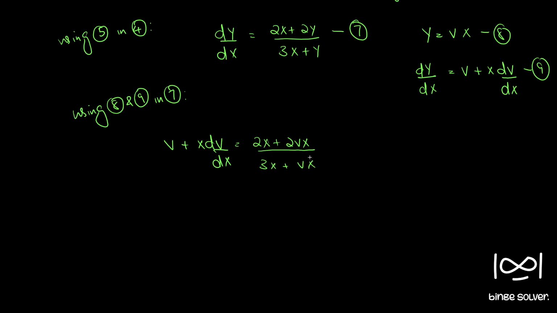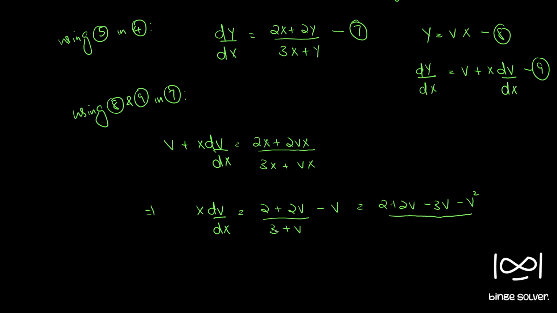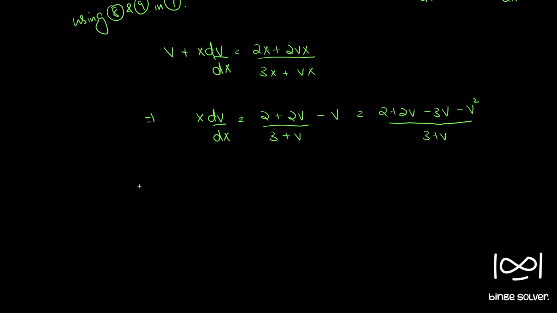Now cancelling X from numerator and denominator and bringing v to the right side, we have X dv by dX is equal to (2 + 2v) by (3 + v) minus v, which is equal to (2 + 2v - 3v - v square) by (3 + v). Further simplifying, we have X dv by dX is equal to (2 + 2v - 3v - v square) by (3 + v).